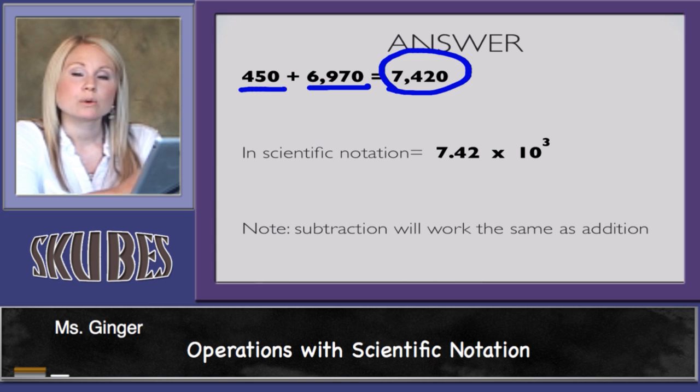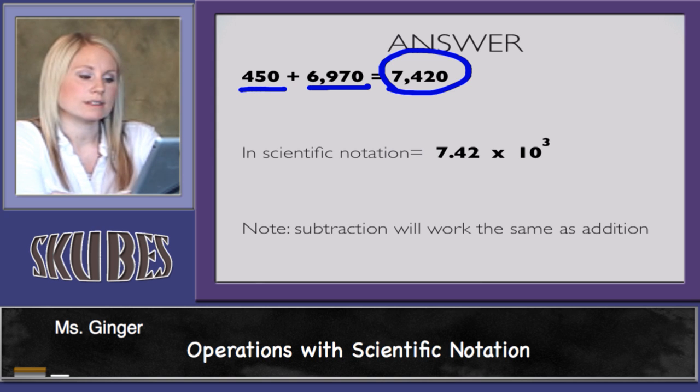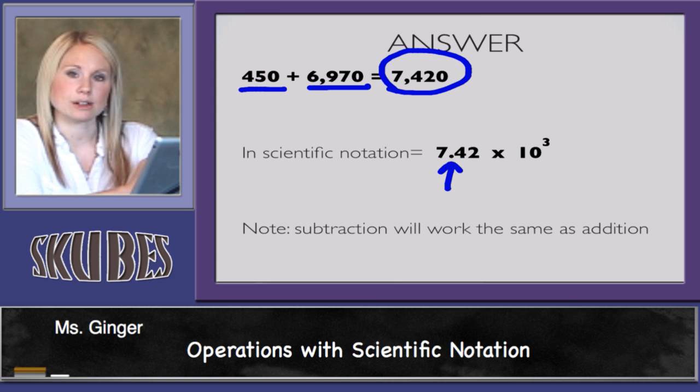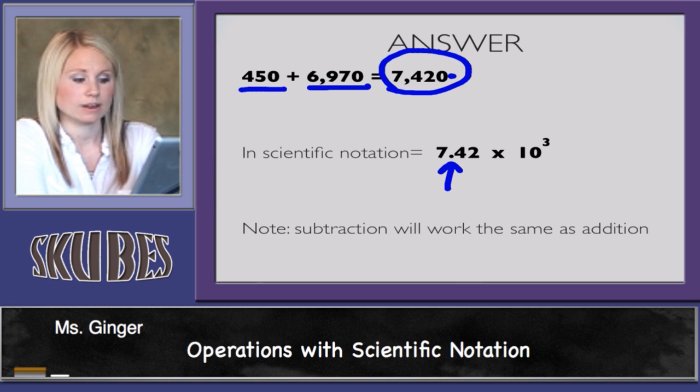But if we needed to write our answer in scientific notation as the problem started, then we would go back and convert this to scientific notation. So remember, when we're trying to write in scientific notation, we will want the decimal after the first non-zero number, which is our 7. So we've placed it here. And we need to look to see from where our decimal was to where our decimal is that we're inserting it.